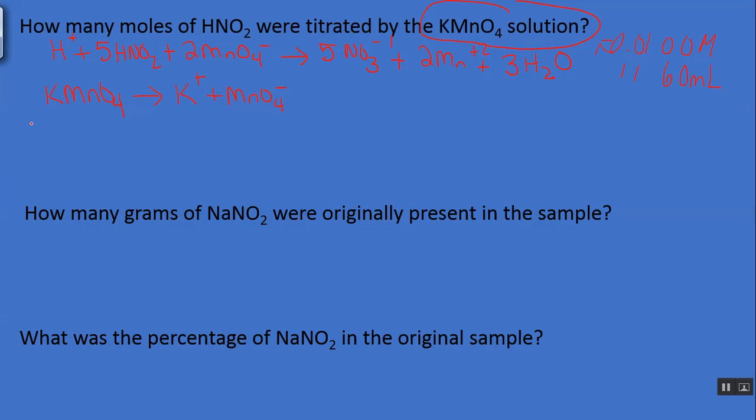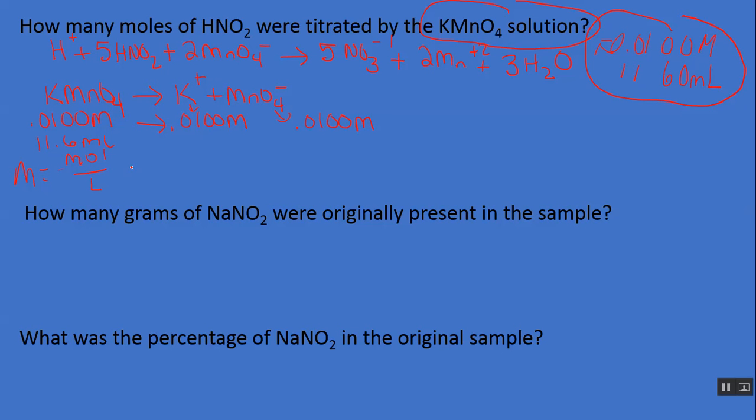Which means if you had 0.0100 molar of potassium permanganate in solution, really you've got 0.0100 molar of potassium and 0.0100 molar of permanganate, right? Because stoichiometrically speaking, they're all in a 1-to-1 ratio. So whatever we have for these values, we really could just look at them in terms of permanganate since their ratio is the same.